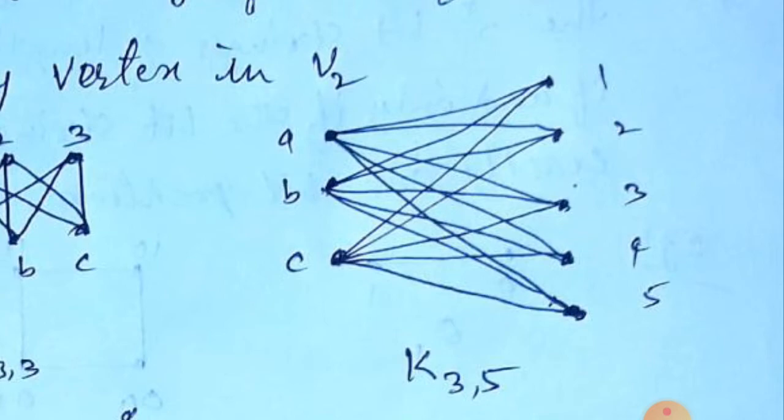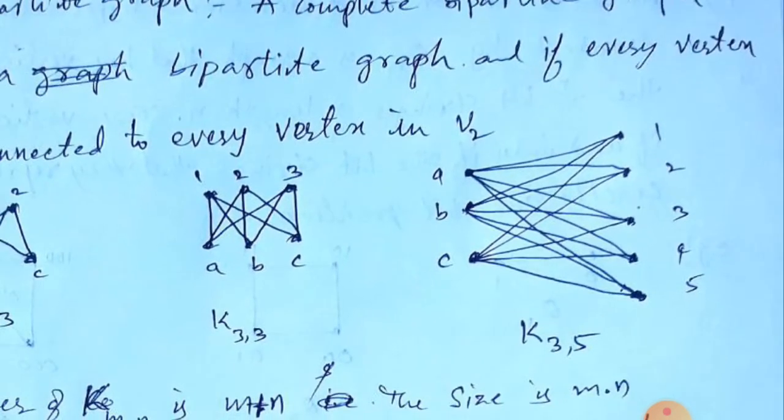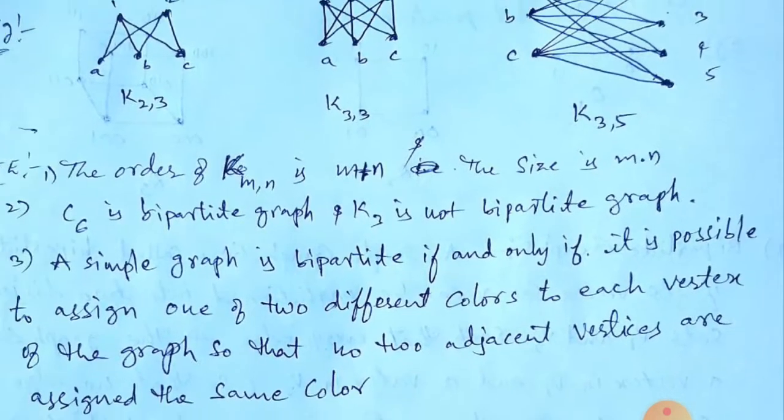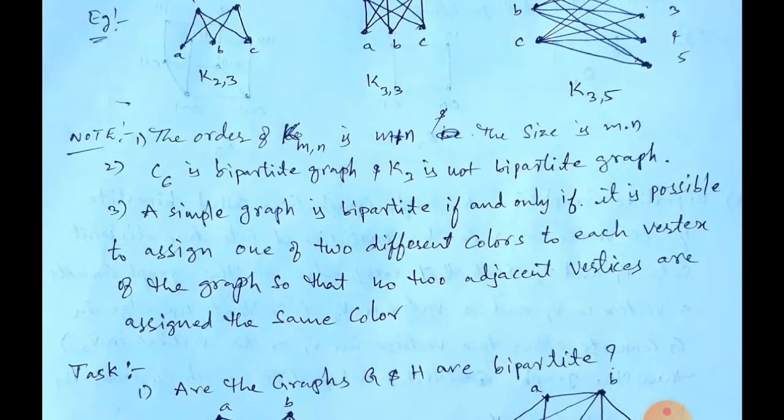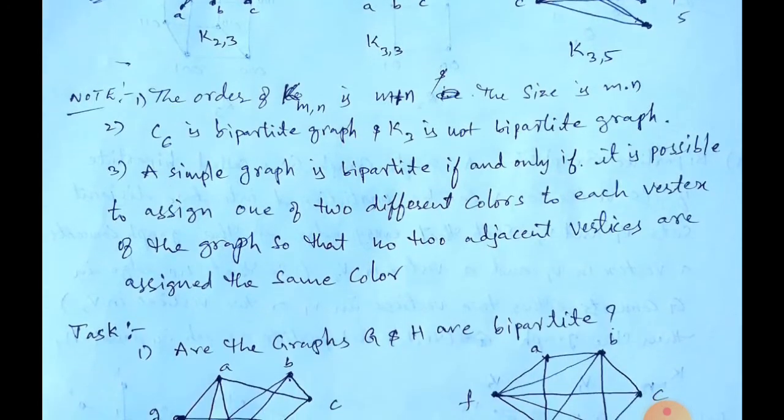Now observe K3,5 is a graph. In the first set A, B, C vertices are there, in the second set 1, 2, 3, 4, 5 vertices are there. Observe every vertex of the first set is adjacent to every vertex of the other set. This is denoted K3,5. Now note the order of Km,n is m plus n. Order is nothing but the number of vertices, |V|.